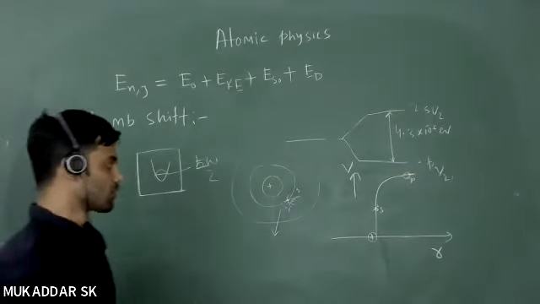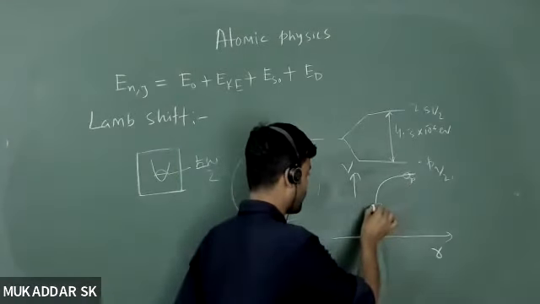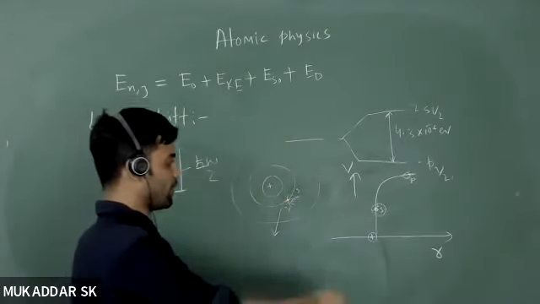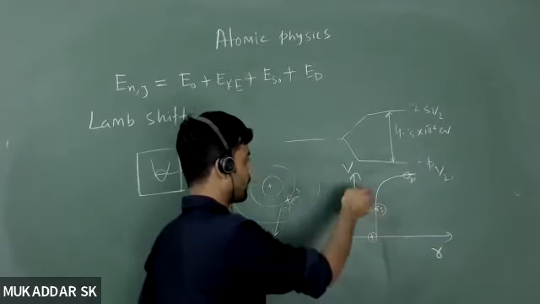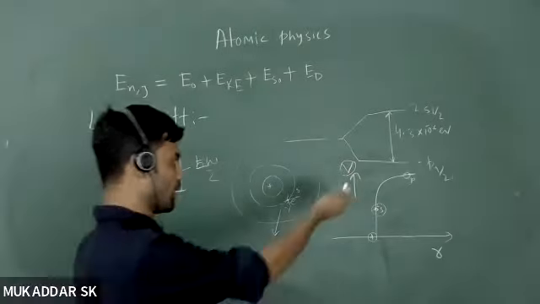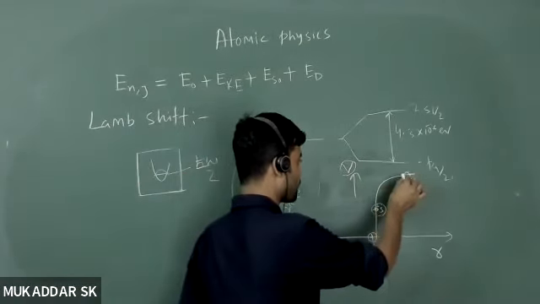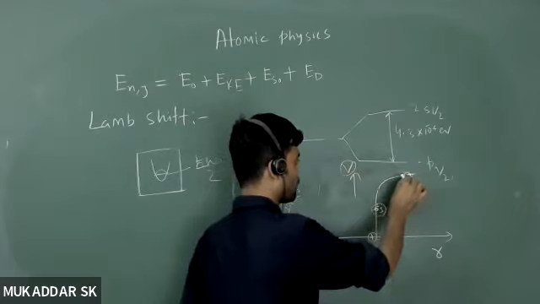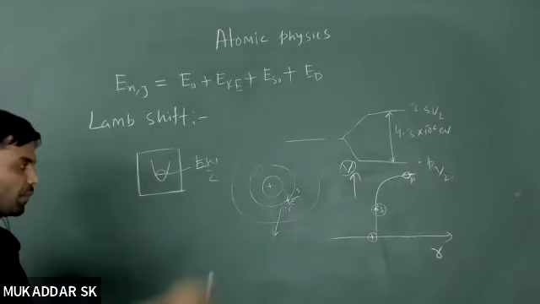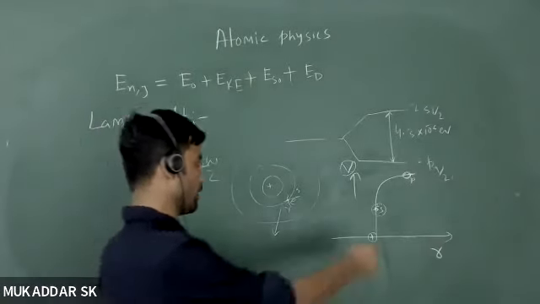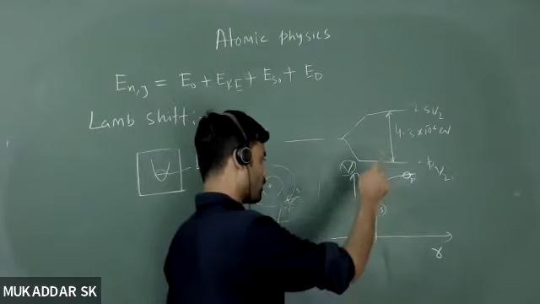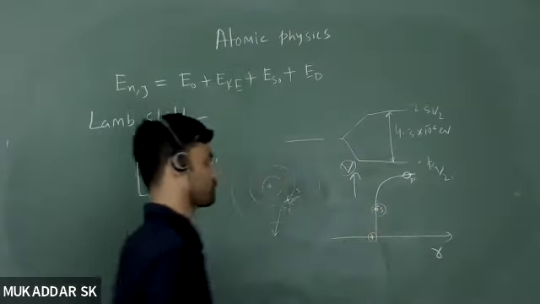Is this concept clear? So when the S orbiting electron is oscillating, its separation is getting changed, and there is a huge effect on potential energy. But for the P orbital, the distance is changed, yet the potential will not be affected, because the potential energy is almost independent of the separation R. So due to the change in potential energy in the S orbital, there will definitely be a change in energy.